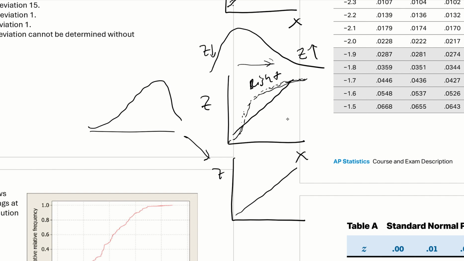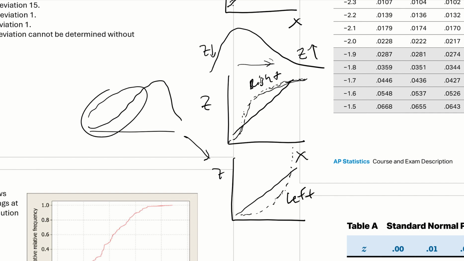If it's bending below it, that means you have lower z-scores, and those low z-scores are affecting your result. So you'll have a curvy nature like that. And of course, if it's in the middle, that means it's normal. This is if it's skewed to the left, right?